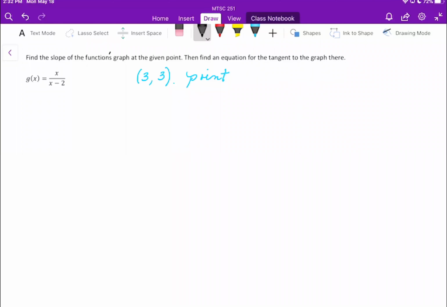Again, this is going to be a little bit more difficult because this problem is a rational function. So now we're going to have g of x plus h minus g of x all over h.